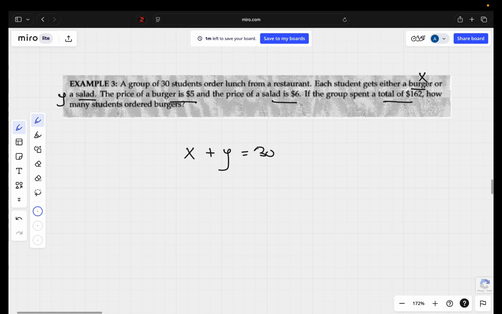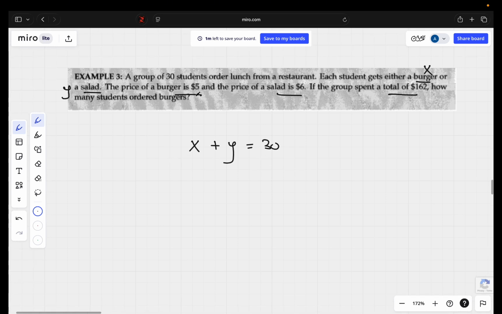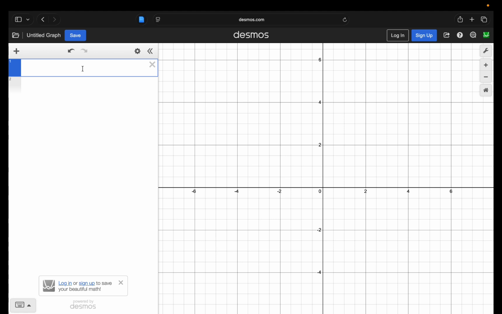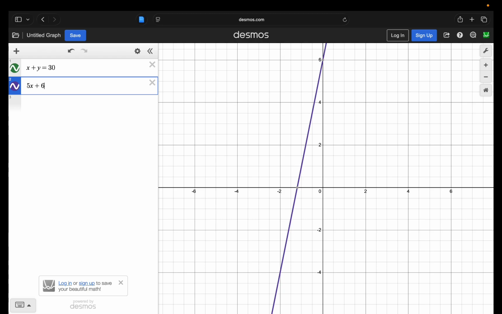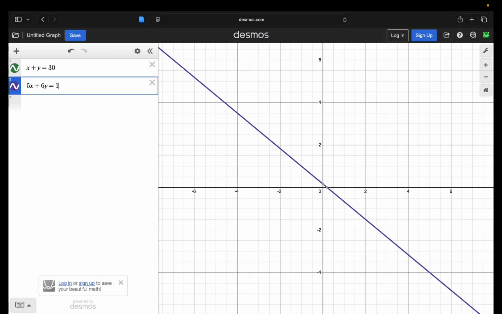So x plus y is 30. Now, each burger is $5, so I can say 5x to find the price of burgers, and then 6y for the price of salads. And that's going to be equal to 162. I can now use Desmos to solve for this. So x plus y is equal to 30, and 5x plus 6y is equal to 162.